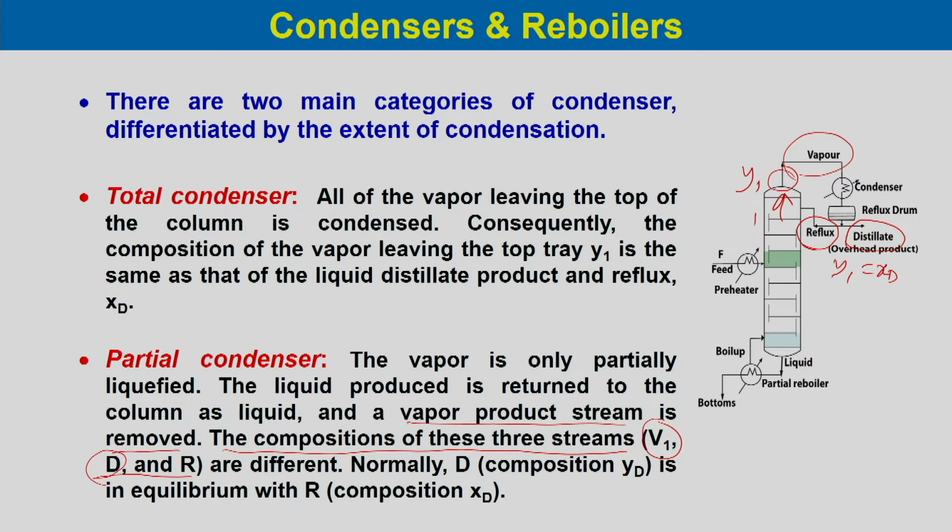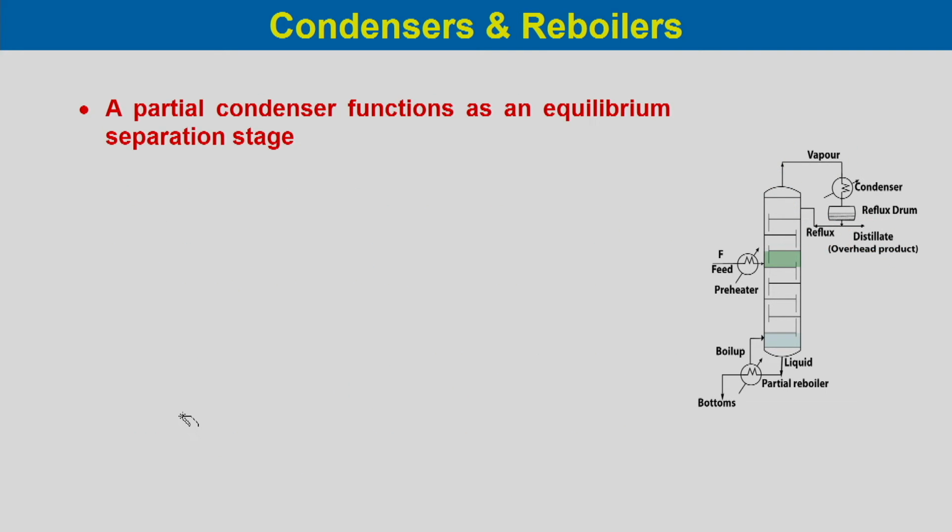So, you are taking the vapor product as YD and the reflux you are giving as a liquid has composition XD. They are in equilibrium composition. So, a partial condenser functions as an equilibrium separation stage.